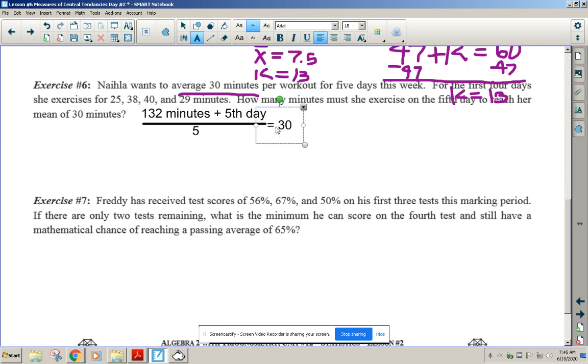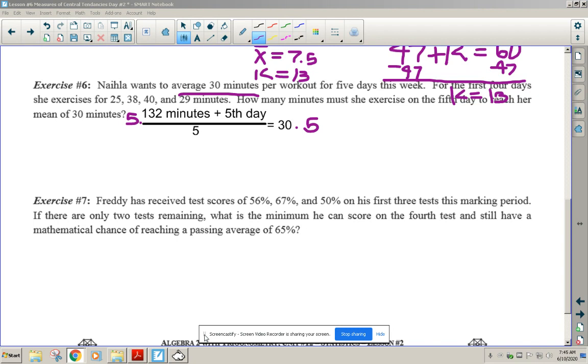So now, just like before, we have to multiply both sides by 5. 30 times 5 is 150.